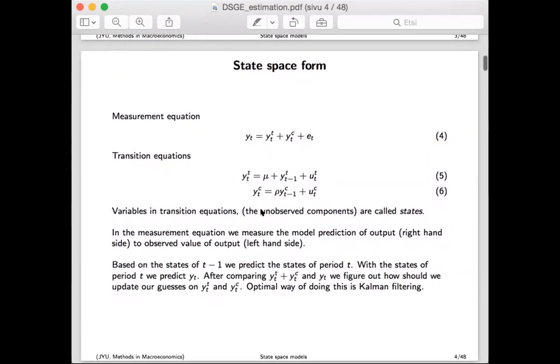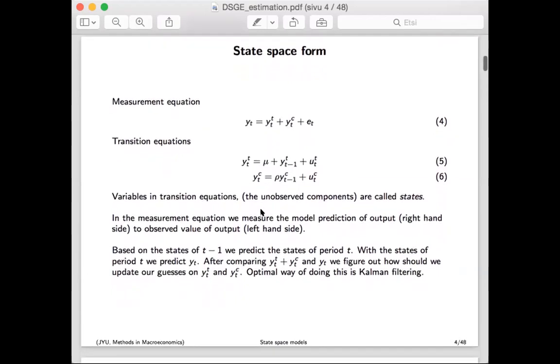The states are the evolution of this whole system. In the measurement equation, we map the prediction of states to output, and we assume that it doesn't fully explain the observed output, and that's why there is this measurement error.